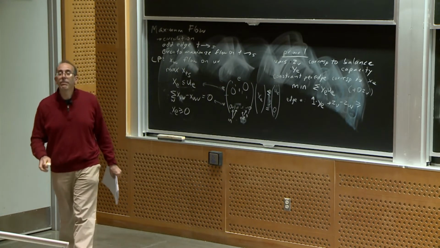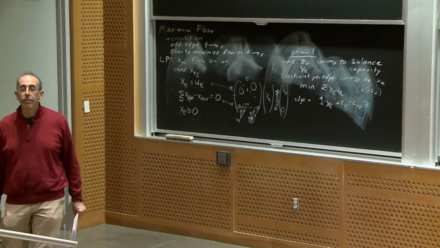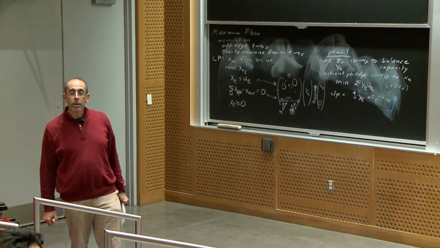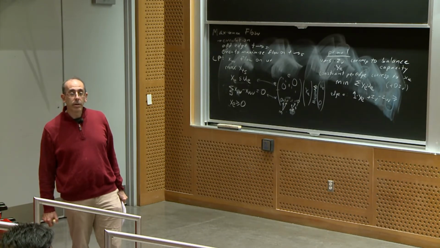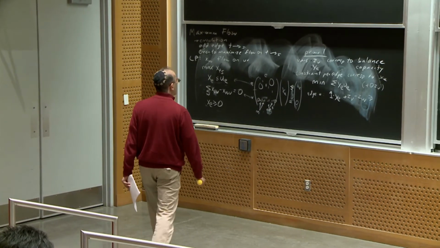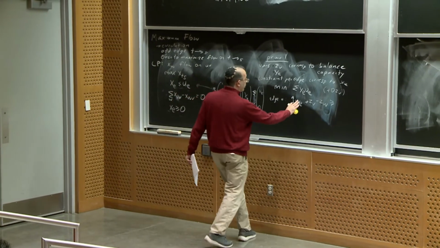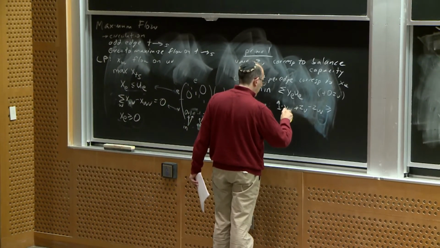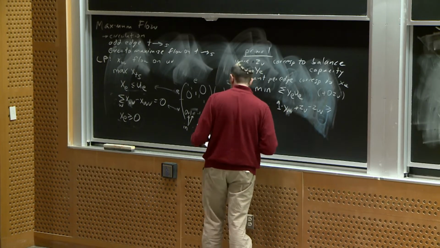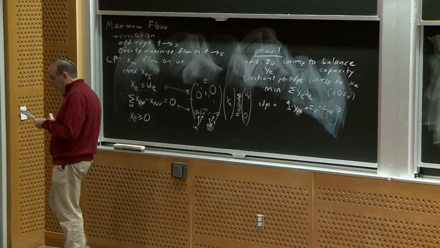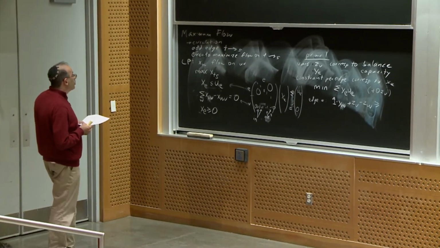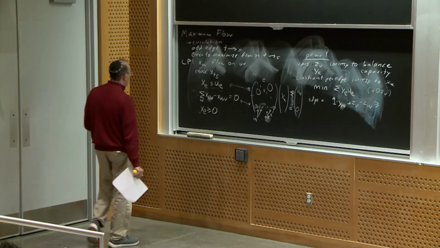Yes, a question. Constraint is the direction from E to W. Shouldn't it be ZW minus Z? Sorry, let me be consistent here. This is going to be YVW. You think it should be ZW minus ZV. Where's our plus one?